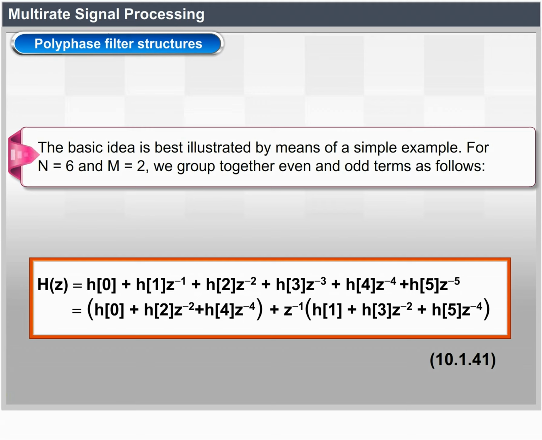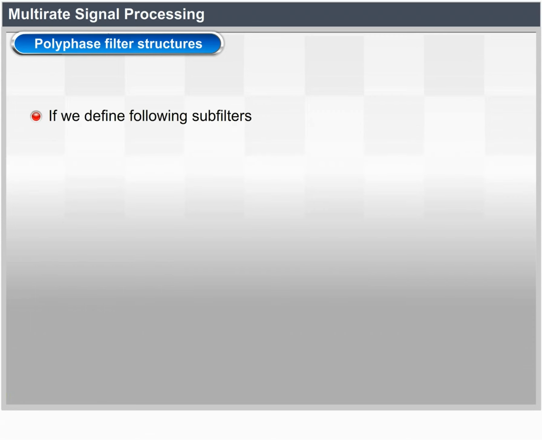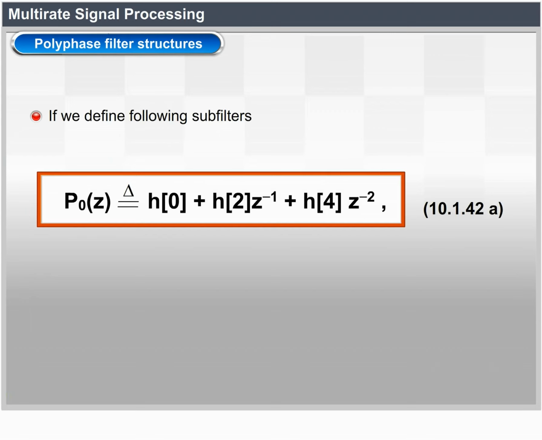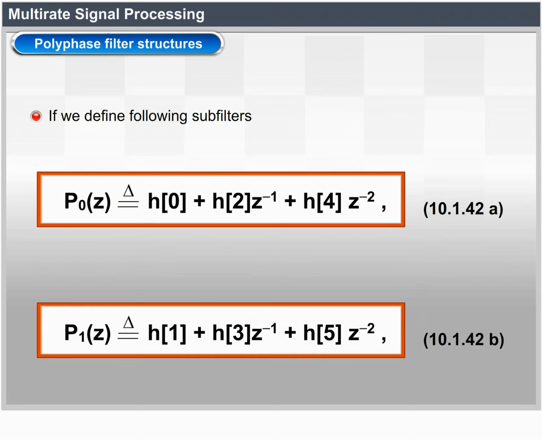If we define the following subfilters, P0(z) ≈ h(0) + h(2) z^-1 + h(4) z^-2, called equation 10.1.42a, and P1(z) ≈ h(1) + h(3) z^-1 + h(5) z^-2, called equation 10.1.42b, we can express H(z) as follows.